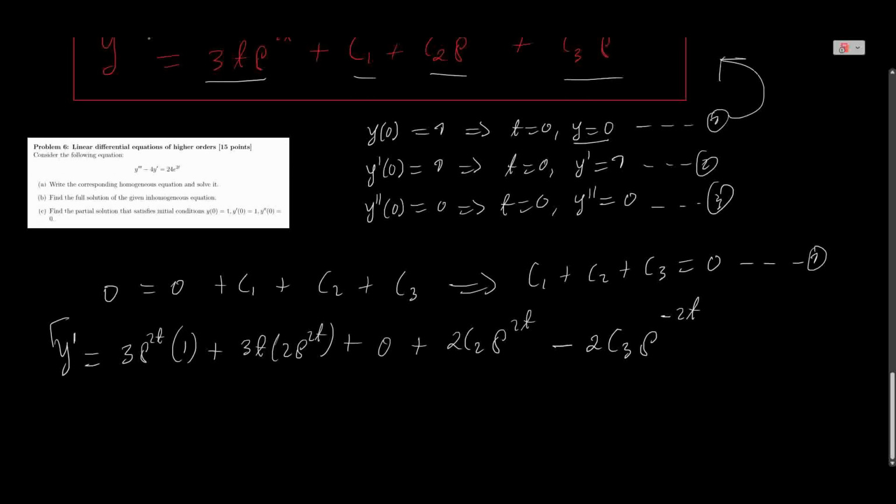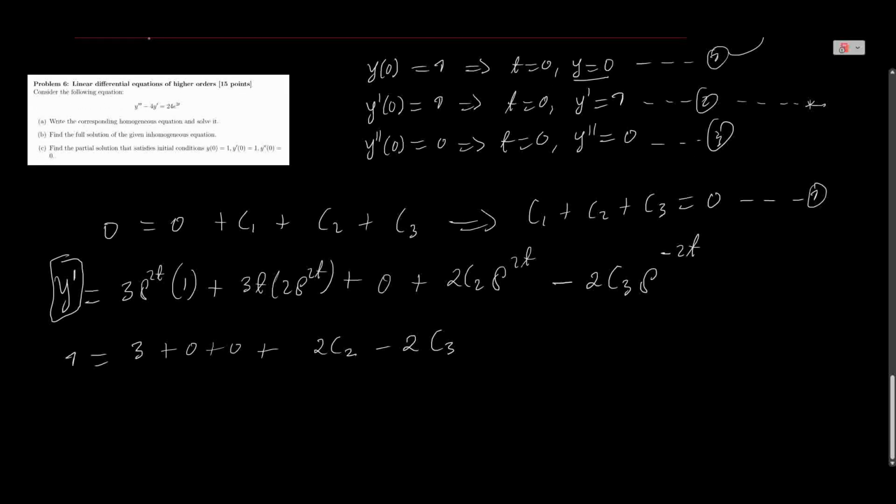We saw that from the condition this is 1 and our t is 0. This is where I'm getting the condition from. So inserting 0, we're going to have 3 here, plus 0, plus 2c2, minus 2c3. Simplifying it, if we send 3 this way, we have minus 2 equals 2c2 minus 2c3.